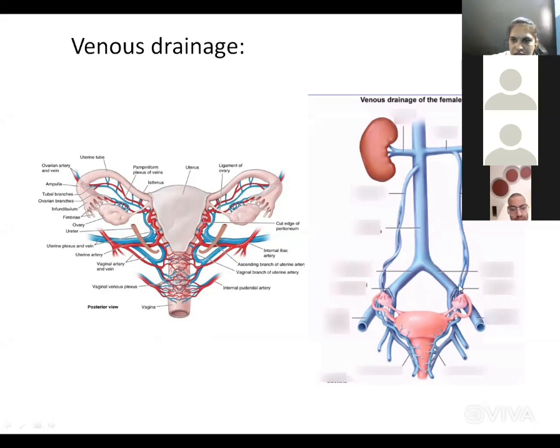On the left side it drains into the left renal vein, whereas on the right side it drains directly into the inferior vena cava. This is the difference.